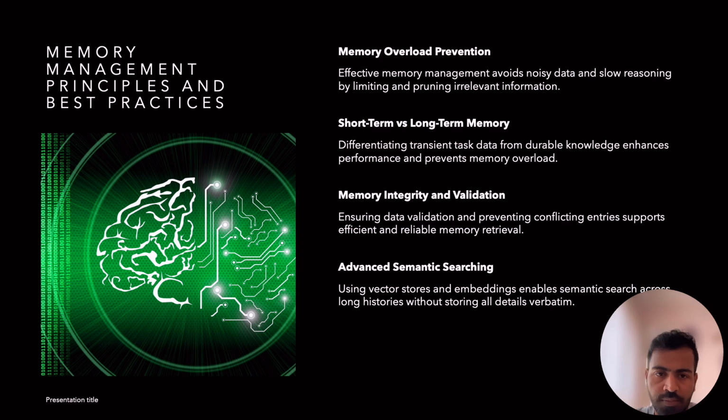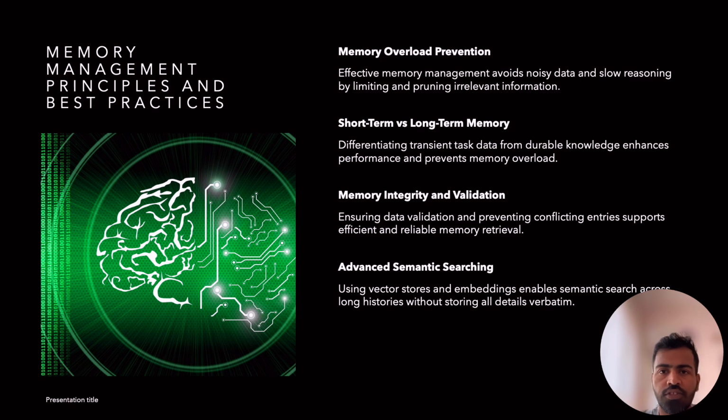So, memory management principles and best practices. Let's understand it. Effective memory management is crucial for maintaining the performance and reliability of stateful AI agents. One common approach is implementing forgetting mechanisms that remove outdated or redundant entries, which is aligned to how humans disregard irrelevant details to focus on the current task.